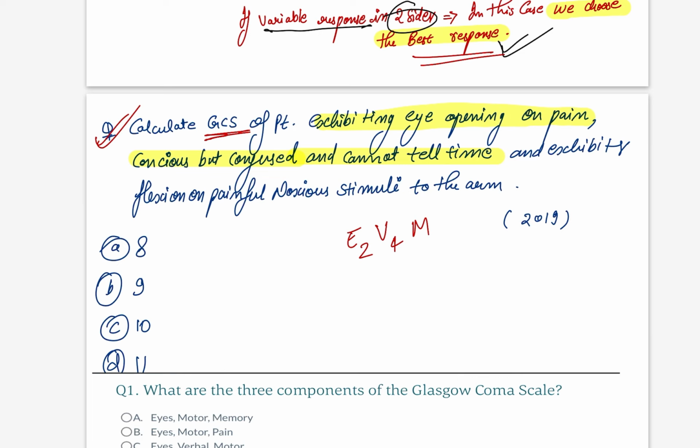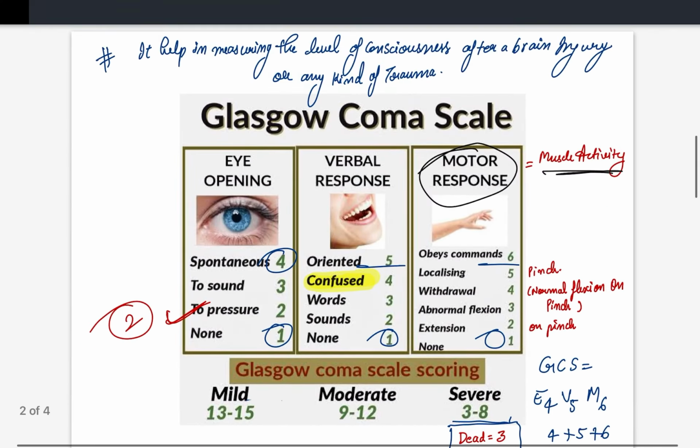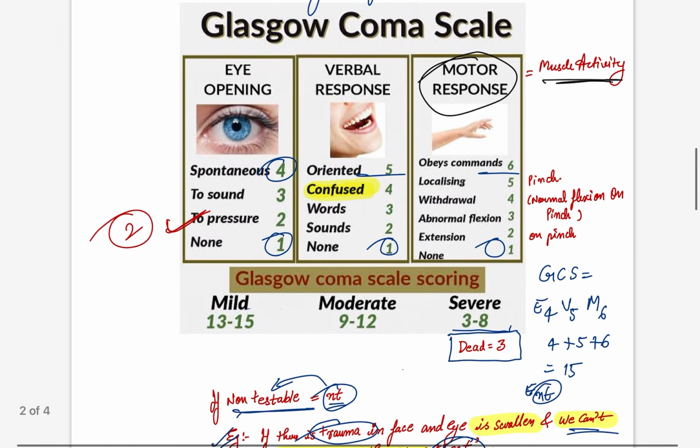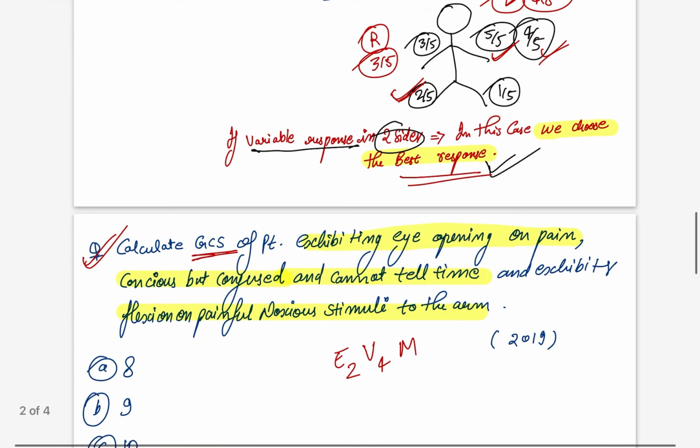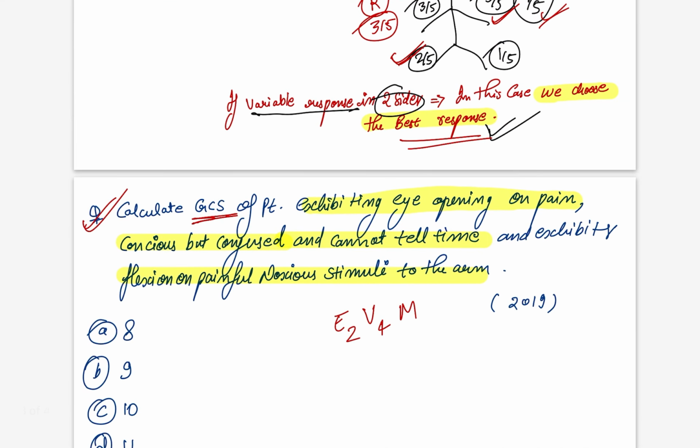Exhibit flexion on painful noxious stimuli to the arm. So let's see. There is no abnormal flexion, so we should not write the 3. What is he saying? He is saying exhibit flexion.